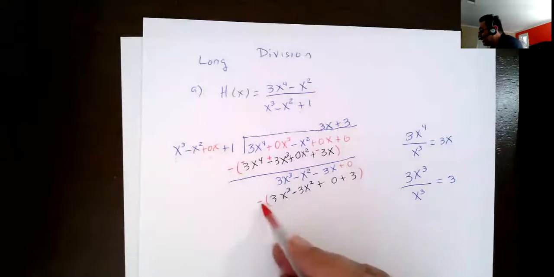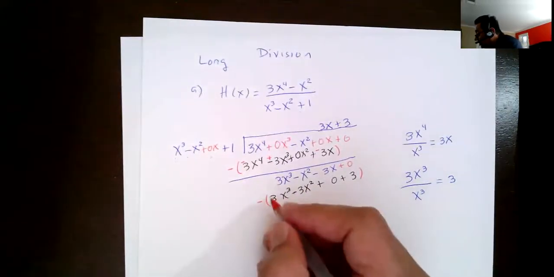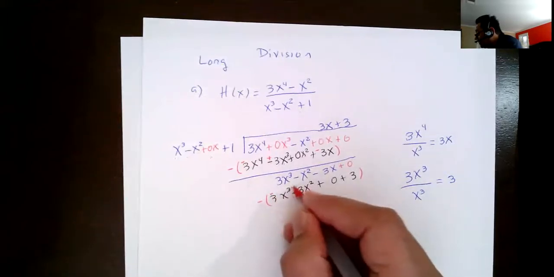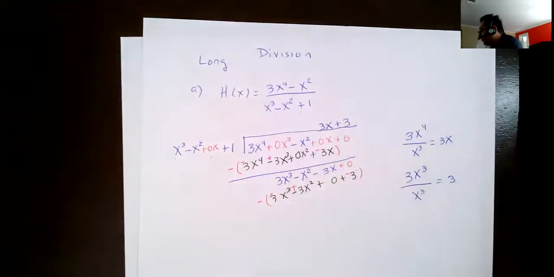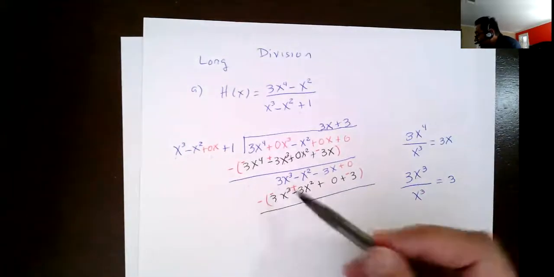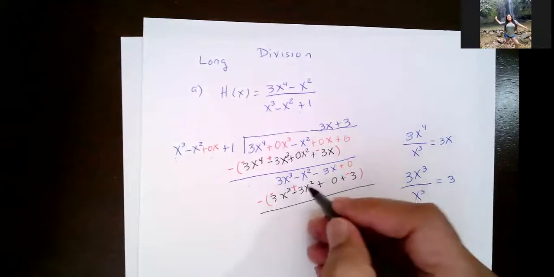Remember, this negative sign is going to affect the sign of the terms inside the parentheses, right? So here, this becomes negative. Negative times a negative becomes positive here. And this 3 becomes negative also. Then last, we add these terms. 3x cubed minus 3x cubed becomes 0. Wouldn't it be minus 3?